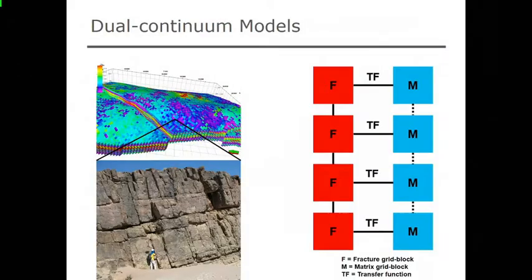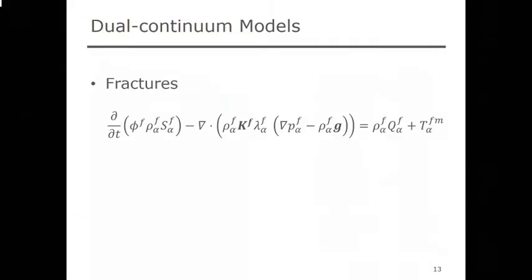And if we now want to use this conceptual representation to model the fracture pattern, we identify a medium of fractures and a medium of matrices, and then we let these two mediums interact through transferring mass depending on the physical processes at hand.